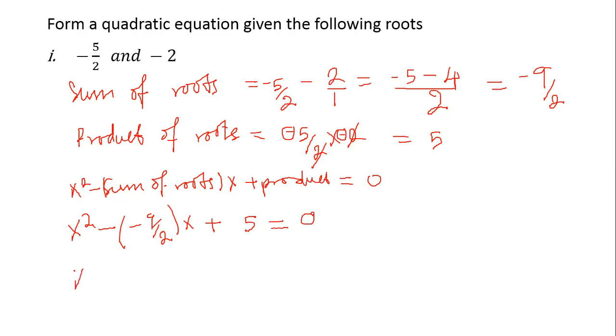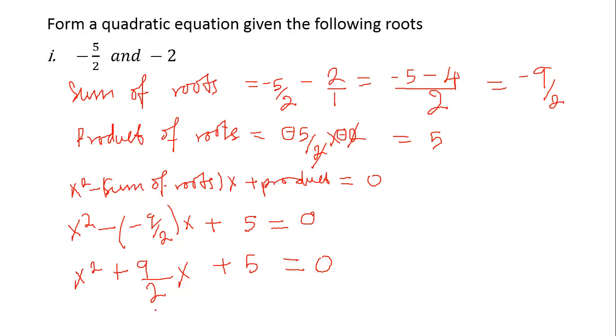So we shall have x squared plus 9/2 x plus 5 equal to 0. Still, to remove the fraction 9/2, we multiply each of these terms by 2.